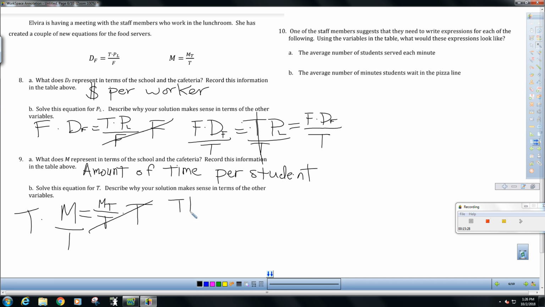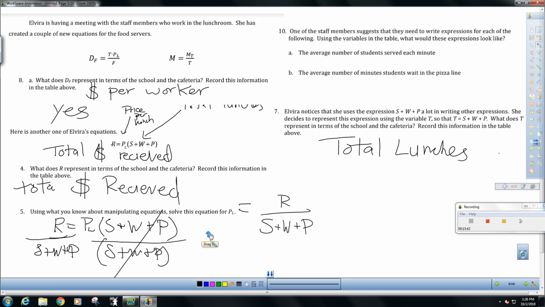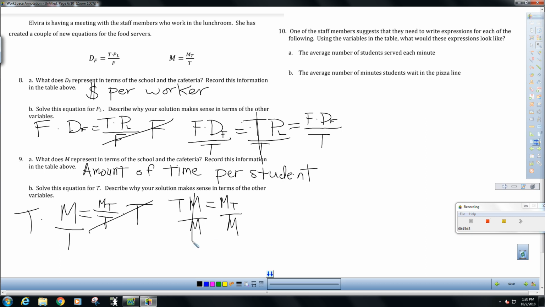So you get T times M equals M sub T. So now how do we solve this for T? Divide both sides by M. So T is M sub T over M. Okay?